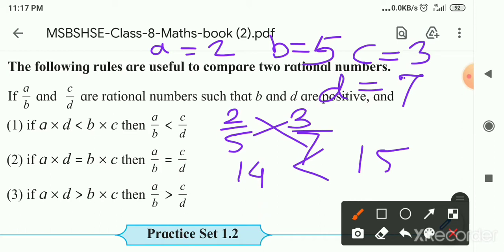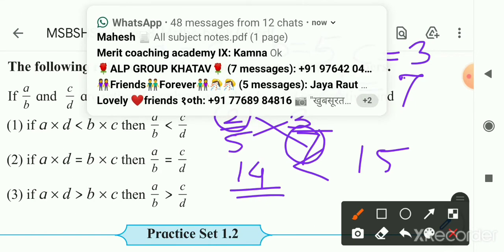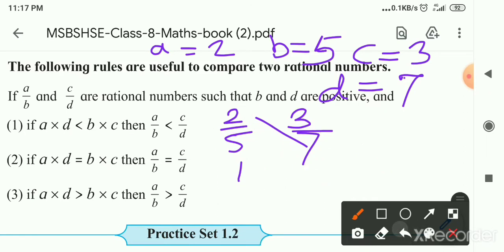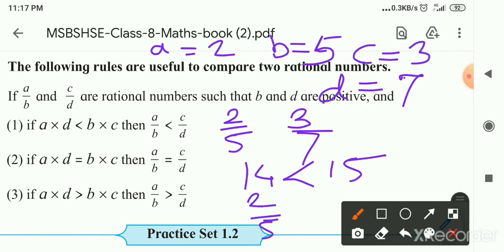Now this means the first number's numerator times the second number's denominator is smaller than the second number's numerator times the first number's denominator. We got the answers 14 and 15, and 14 is smaller than 15. So here 2 upon 5 is smaller than 3 upon 7.